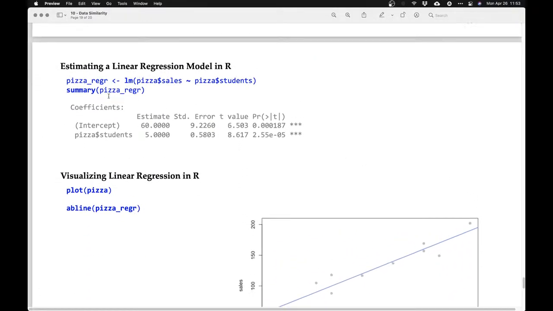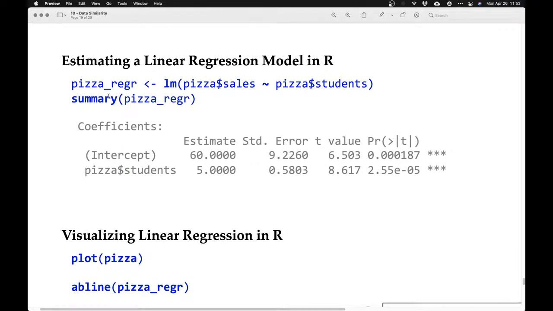Let me just show you quickly how to run a regression. We'll talk about how it works later. In R, you just take your dependent variable, the variable you're trying to explain, and you use this tilde sign to create a model to separate it from the independent variable, the variable you're using to explain the sales, the number of students in this case.